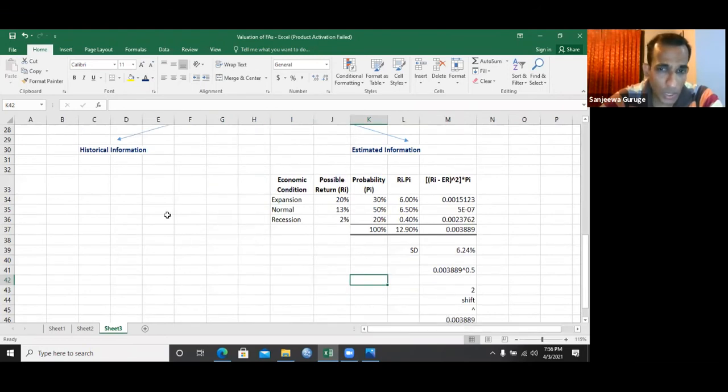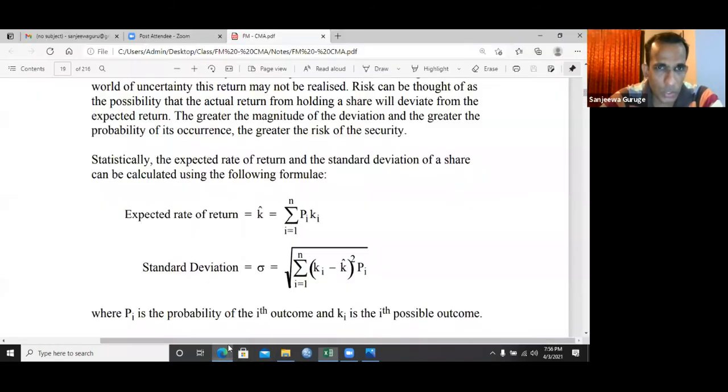If you use historical data, the formula is a little different. The standard deviation using historical data means actual return minus expected return, with no probabilities.